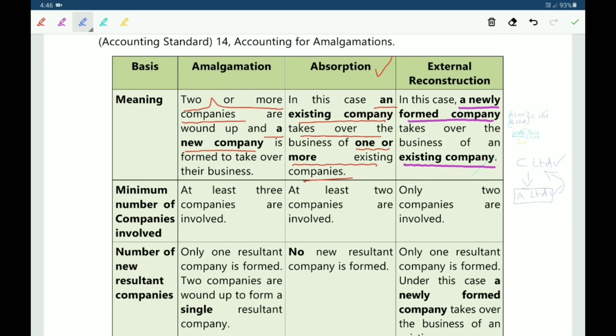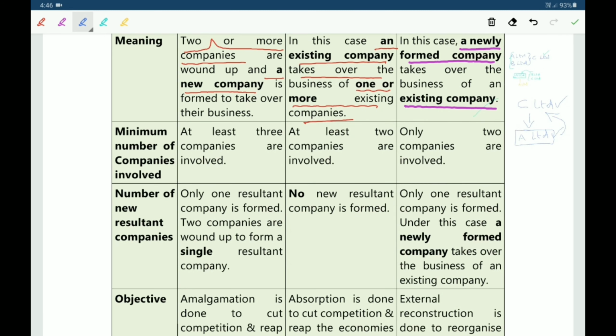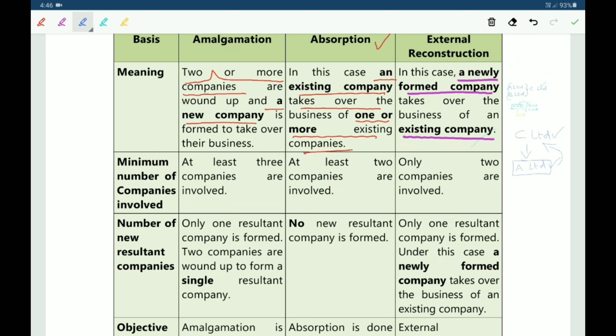So amalgamation, absorption, external reconstruction. Minimum number of companies involved: in amalgamation, at least 3 companies; in absorption, at least 2 companies; in external reconstruction, only 2 companies, that means one is a new company and another one is an existing company.